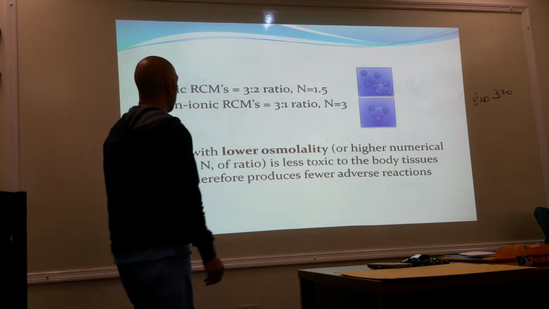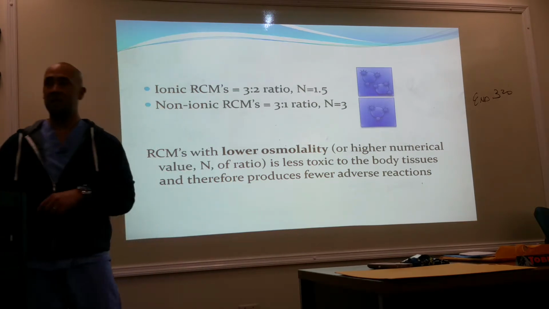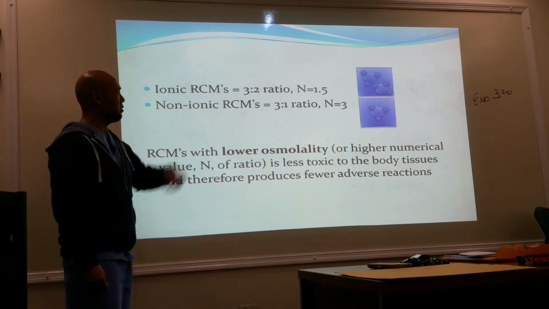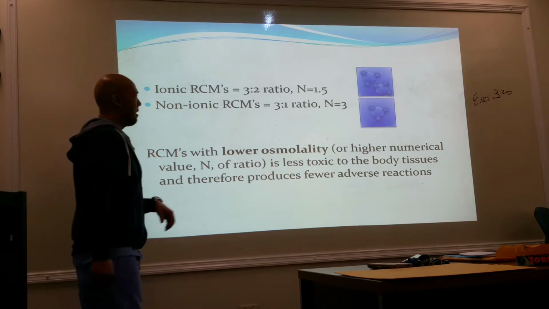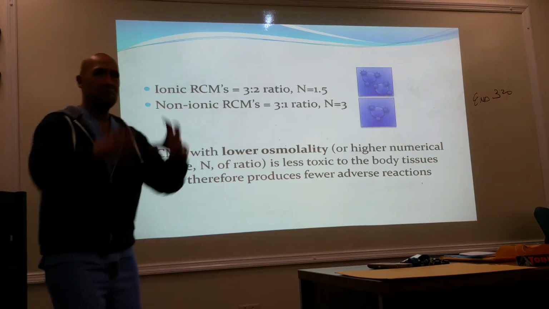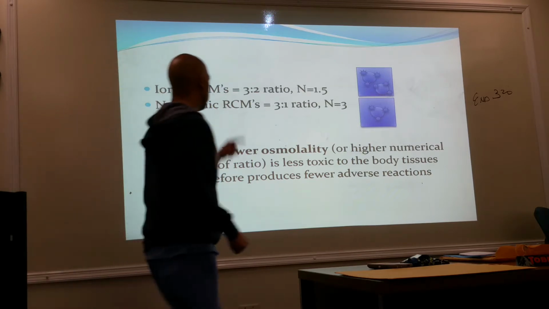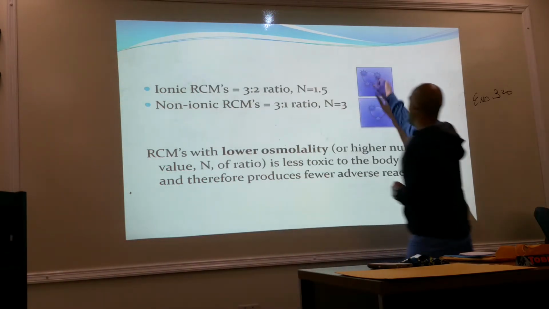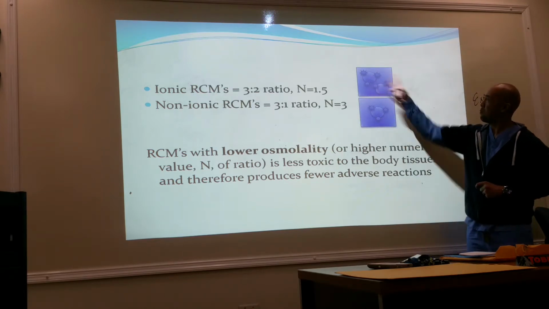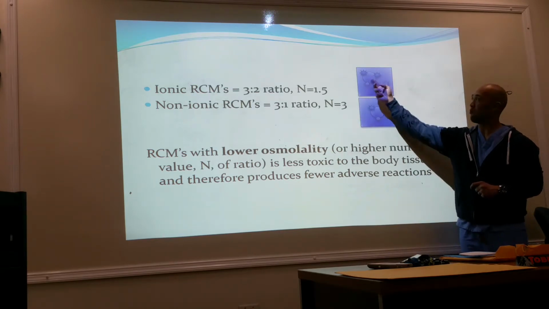So ionic, again, here's their molecular configuration. It's a 3:2 ratio. And a non-ionic is a 3:1 ratio. And I did an illustration here so you would understand that in a particular space, this 3:2 ratio, you have 3 ion atoms per molecule per 2 molecules. So you have 2 of them for a total of 6.